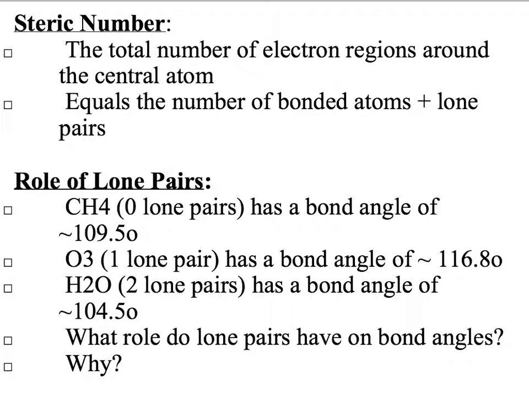So it shifted down from 109.5 to about 104.5. So what role do lone pairs have on bond angles? They are going to decrease your bond angle. And why? Because they take up more physical space. They're not attracted to another atom. They're not involved in that molecular bond. So they're free to roam about a little bit more and take up a little bit more space. If they're taking up more space, they're pushing down on that bond region.